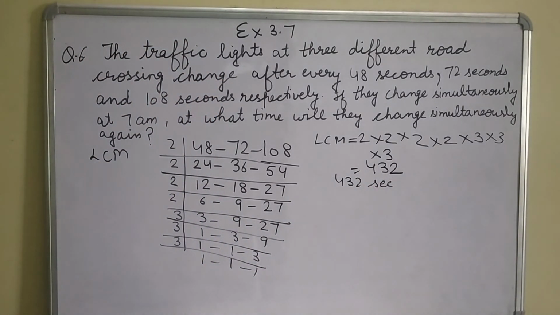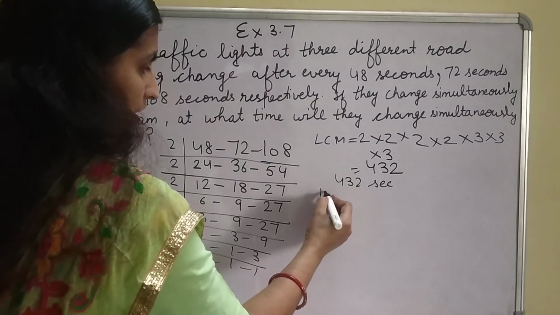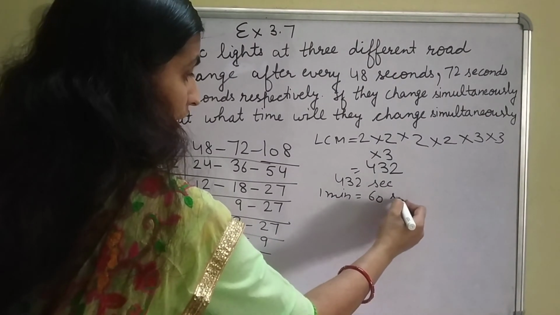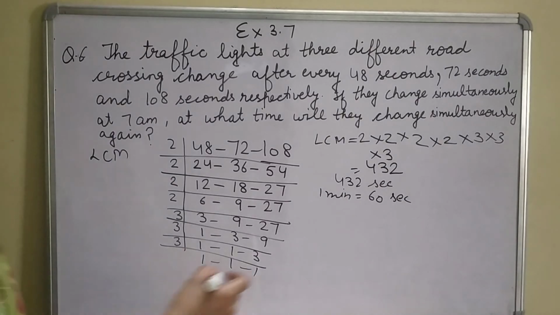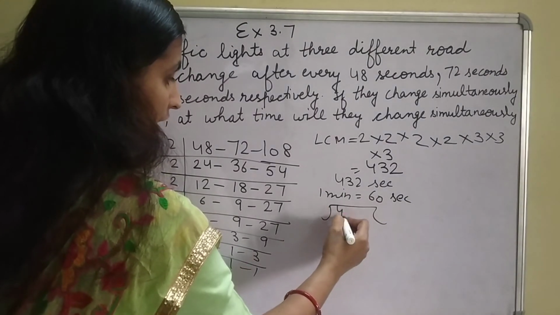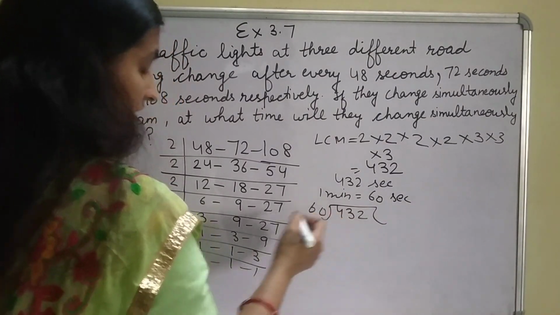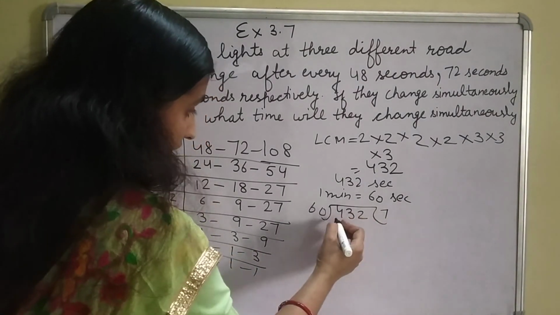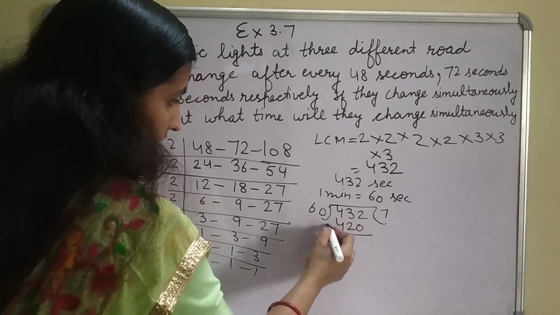Now we have to change it, as we have 7 a.m., so we have to tell the exact time. In 1 minute we have 60 seconds. So we'll convert this 432: 432 divided by 60. Then what will we get? 7 6s are 420.